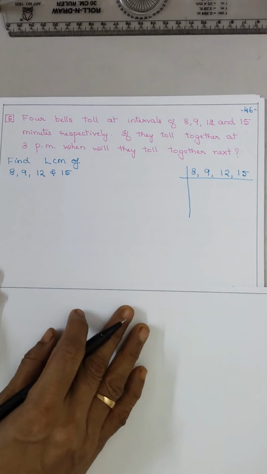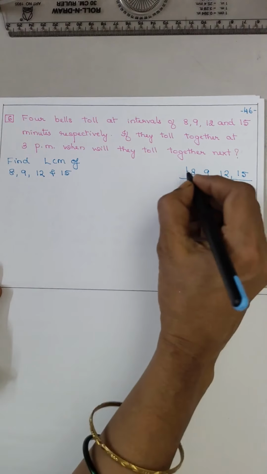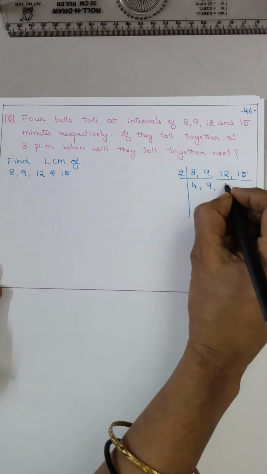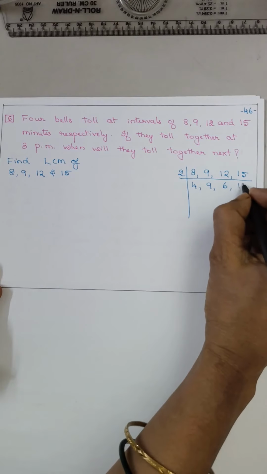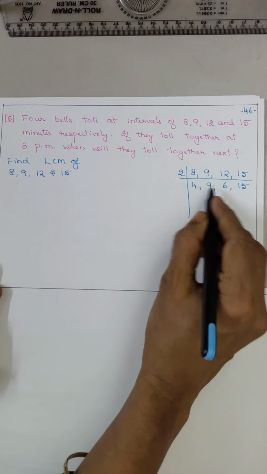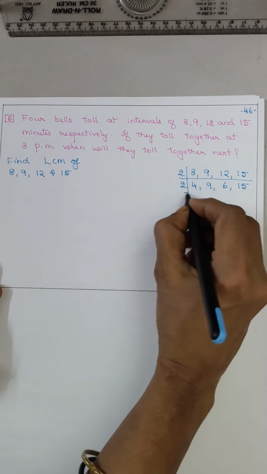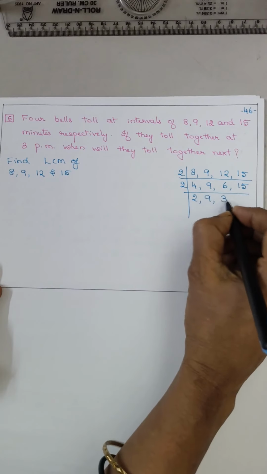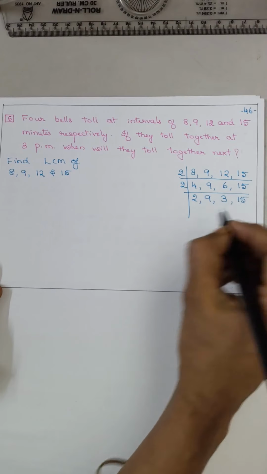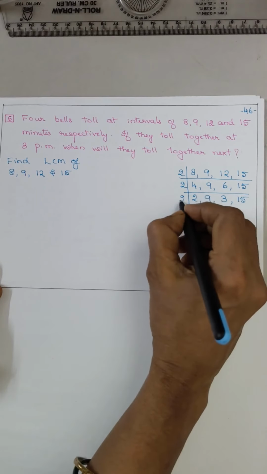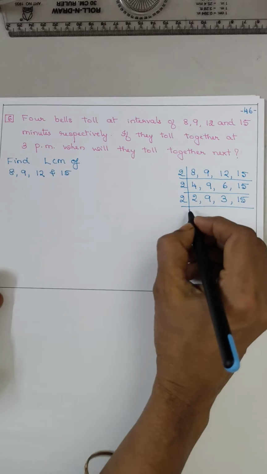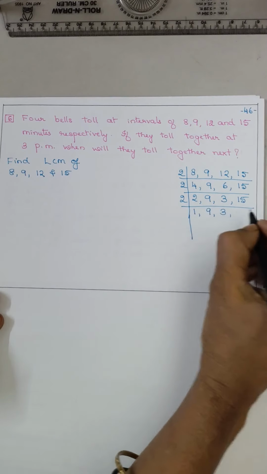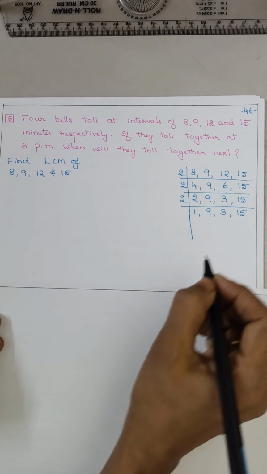Now 2 are the even numbers, so start with 2. 4s are 8, 9 as it is, 6 are 12, 15 as it is. Now again even 2, 2s are 4, 9 as it is, 3s are 6, 15 as it is. Now 2, 1s are 2, 9 as it is, 3 as it is, 15 as it is.